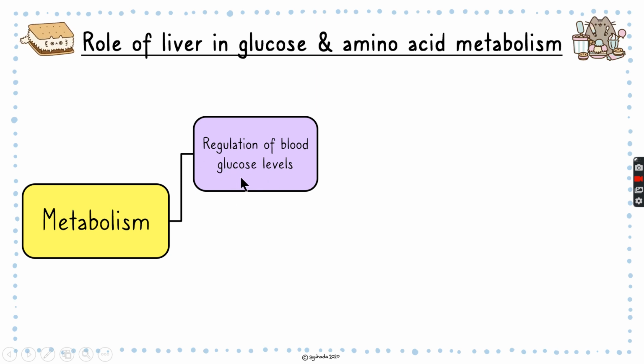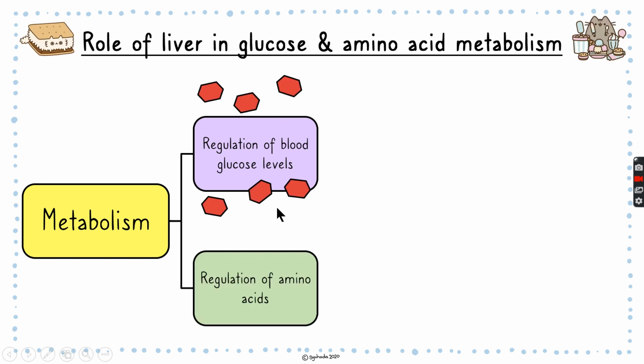Glucose is dissolved in the plasma part of your blood, and the levels fluctuate depending on if you have eaten or if you're fasting, for example. Metabolism also includes the regulation of amino acids, and amino acid is also dissolved in the plasma part of your blood.